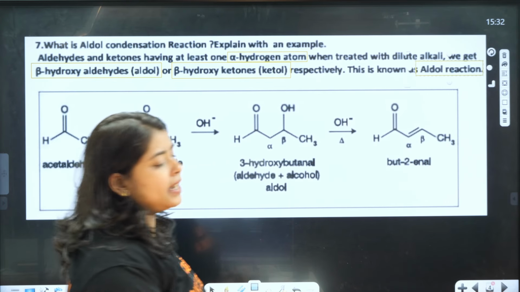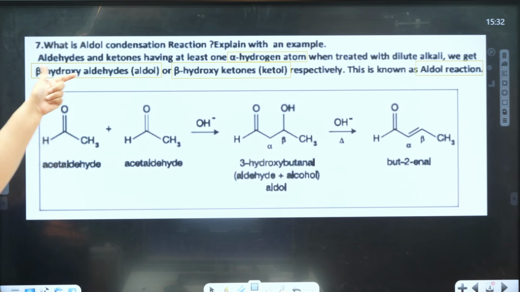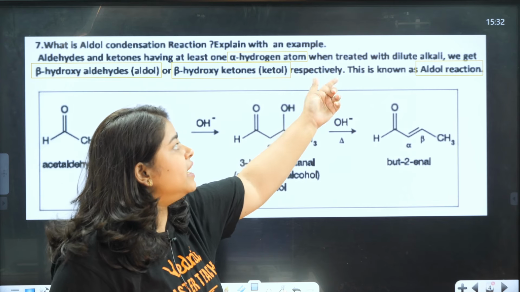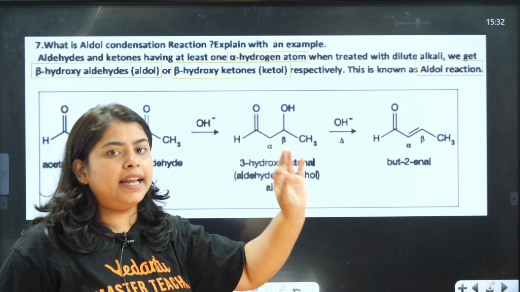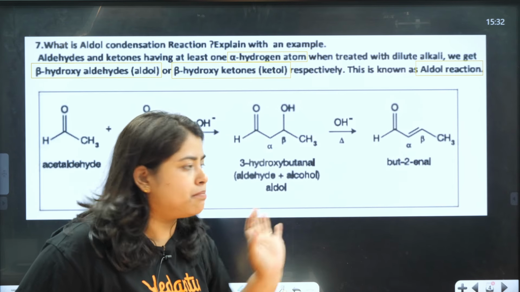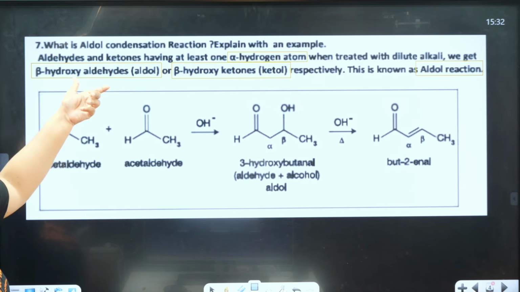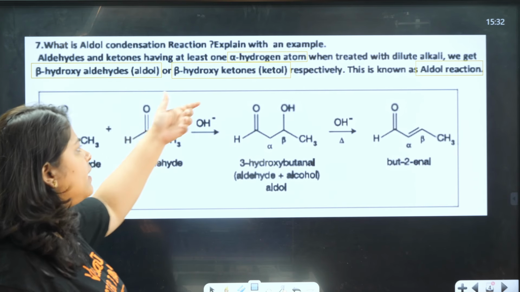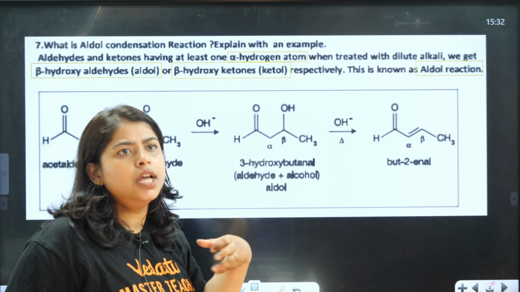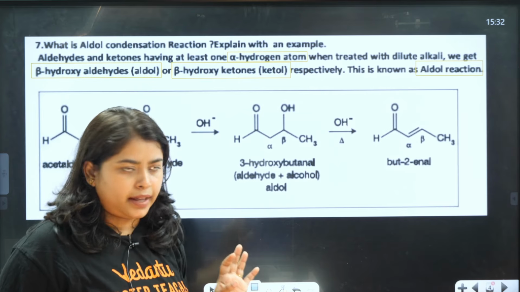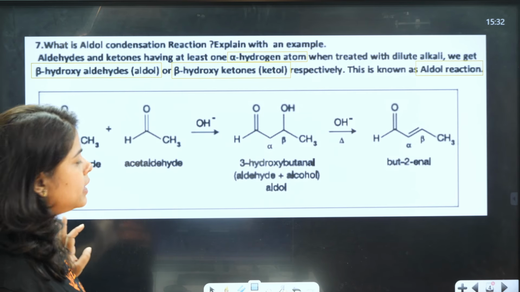Aldehydes and ketones having at least one alpha hydrogen, when treated with alkali, give beta hydroxy aldehyde, also called aldol. Or we can call it ketol, because if we take an aldehyde we get aldol, if we take a ketone we get ketol. Clear? So that is actually called an aldol reaction.